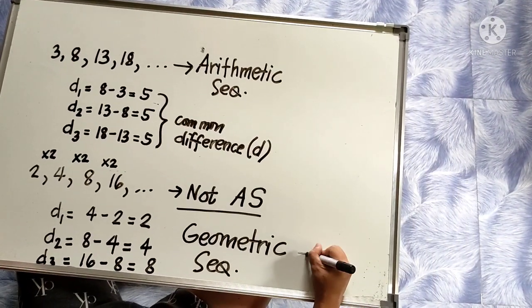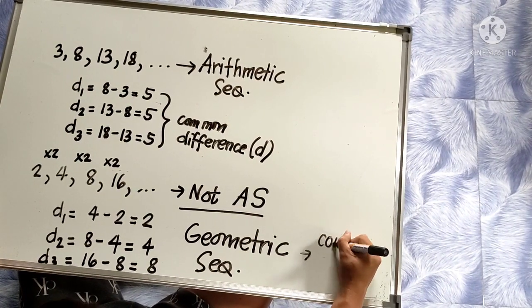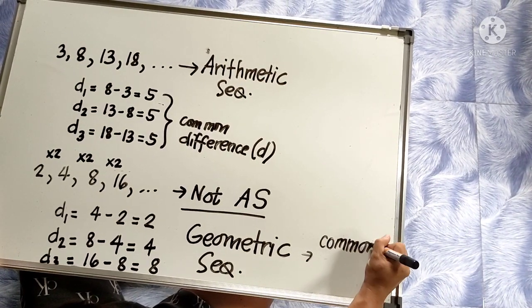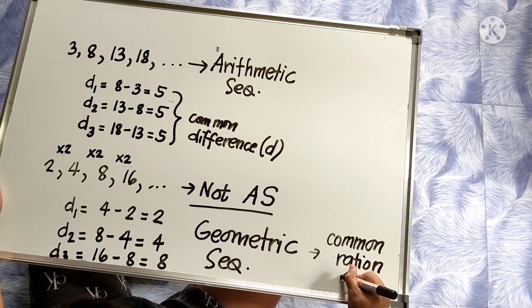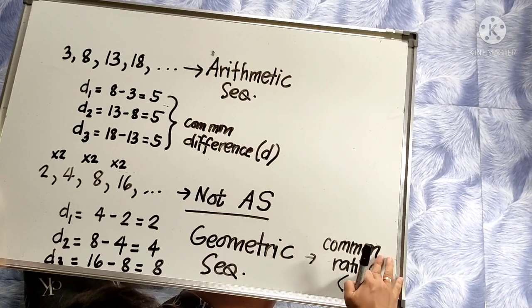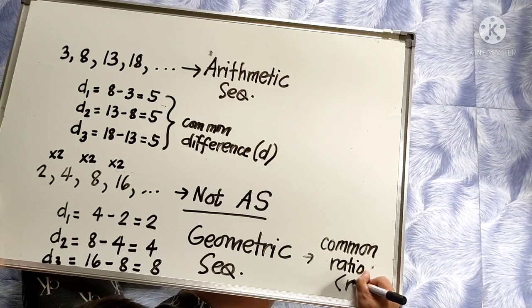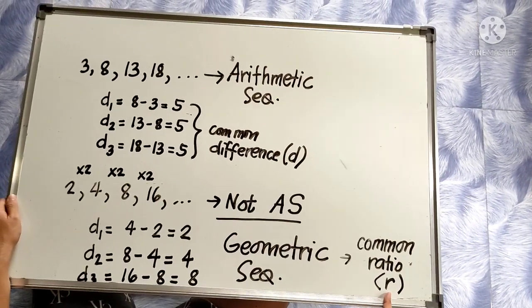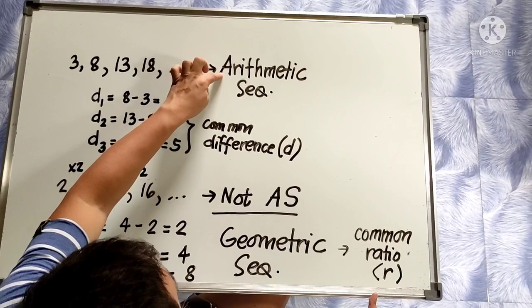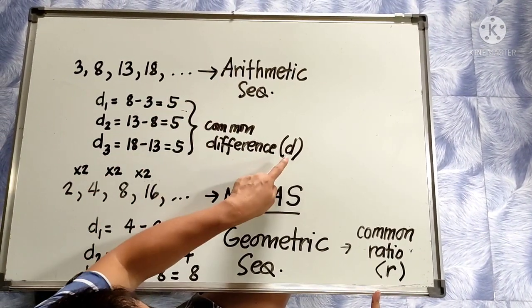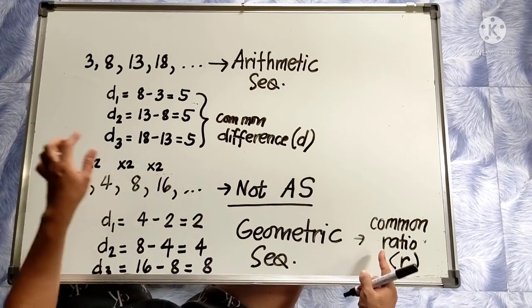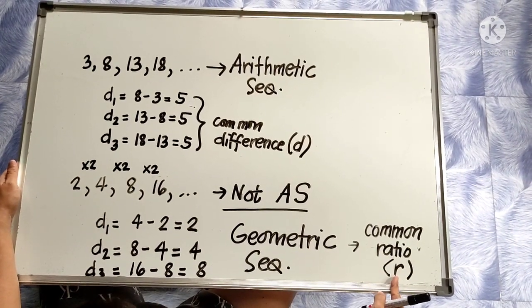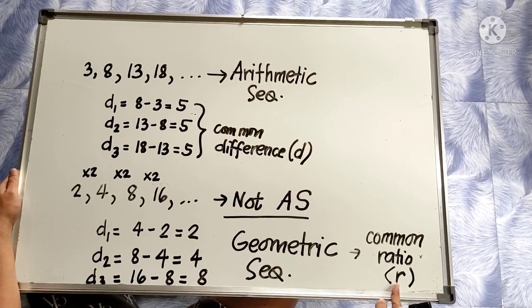So what is present here is a common ratio, represented by a small letter r. In arithmetic, we have common difference represented by small d. For geometric, we have a common ratio represented by small letter r.